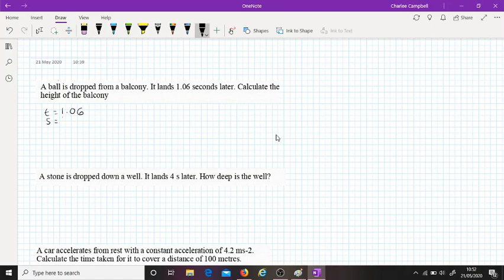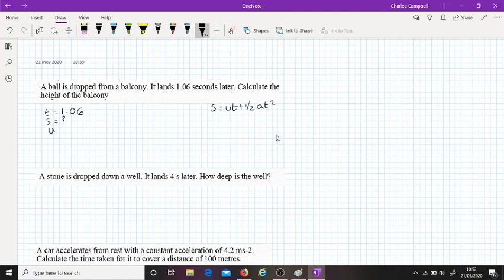We don't know what that is yet, but we have an equation for s, which is s equals ut plus a half at squared. If you write out that equation, it tells you what other information you need. So s equals u. u is the initial velocity. If a ball's being dropped from a balcony, initially it's stationary because it's in someone's hand.